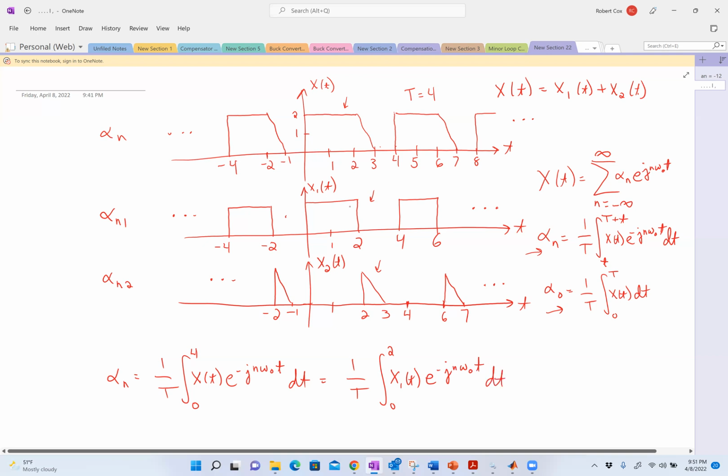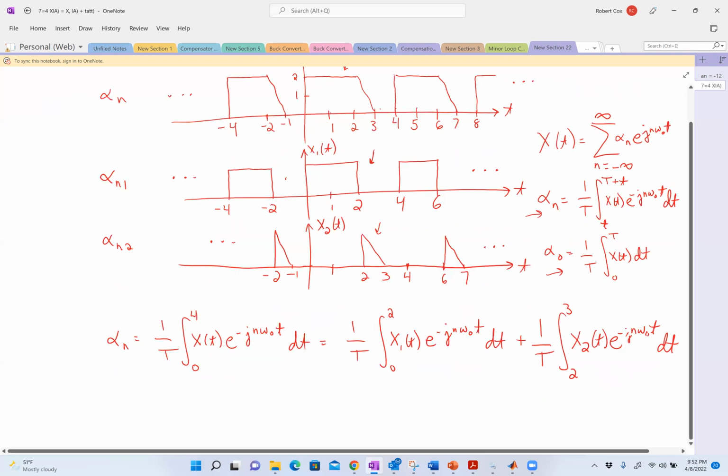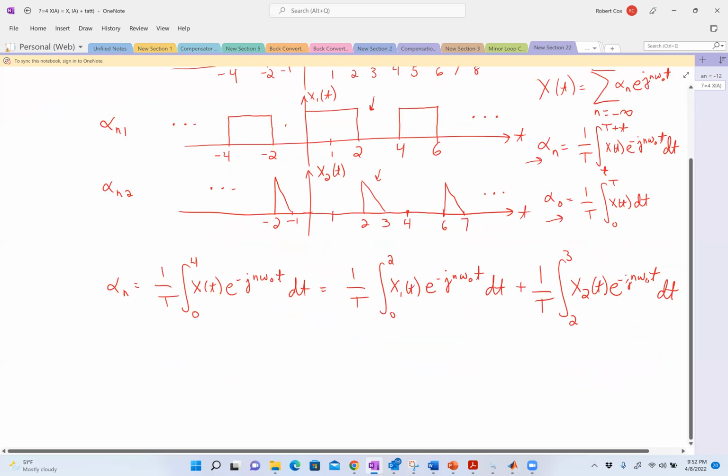So in other words, if I took this waveform here and did that integral, plus the one on the bottom, that would be 1 over T, integral from 2 to 3 of x2 of t times e to the negative j n omega naught t dt. Okay, so if I look at that, these look very similar to the coefficient equations. So I'm going to call this alpha n1, and I'm going to call this alpha n2.